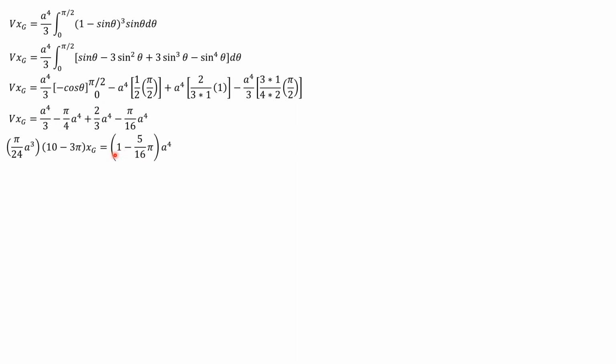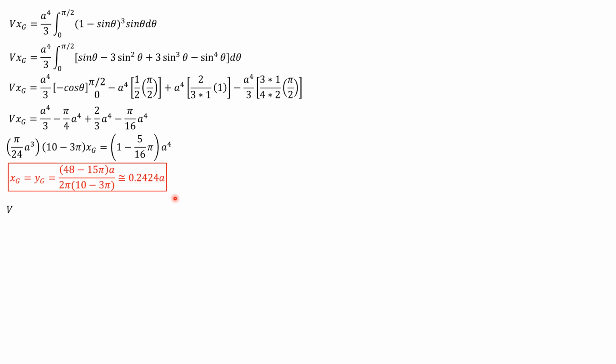So 1 minus negative pi over 4 and negative pi over 16 is negative 5 over 16 pi, quantity a to the fourth. Cancel a cubed and simplify: x sub g equals y sub g equals (48 minus 15 pi) a over 2 pi quantity (10 minus 3 pi), and that is approximately 0.2424 of a.